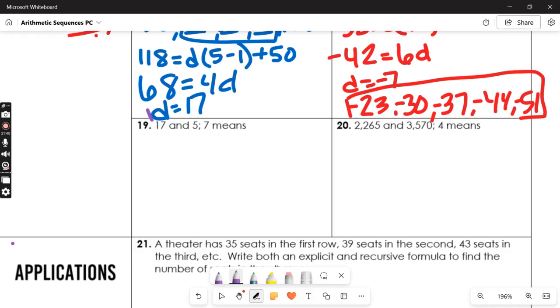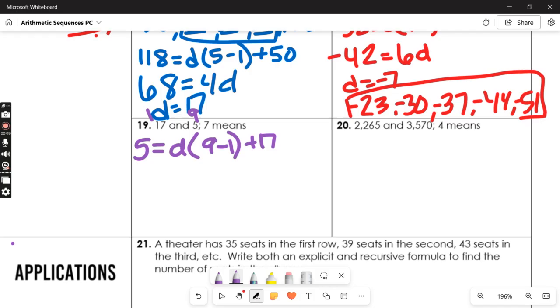Okay, I'm going to say this is my first one. And then it says we're finding 7 means. So that makes this my 9th one, because 1 plus 7 is 8, so the next one would be 9. So I'm going to say 5 is equal to d times 9 minus 1, plus 17.